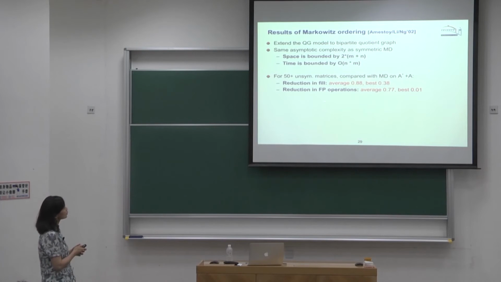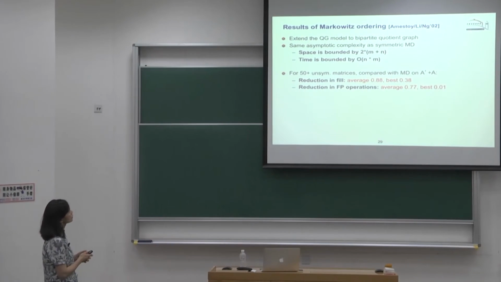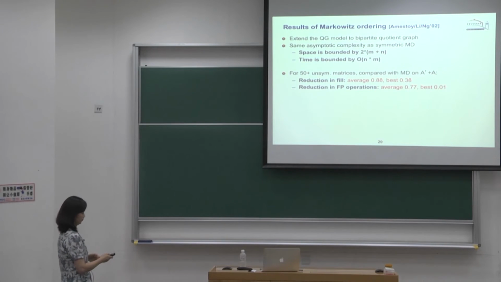So here we have better quality. The reduction in fill on average is 88%. The best case could be more than 2 times the reduction. And the reduction in floating point operations on average is 77%. In the best case we get almost 100-fold reduction in floating point operations.